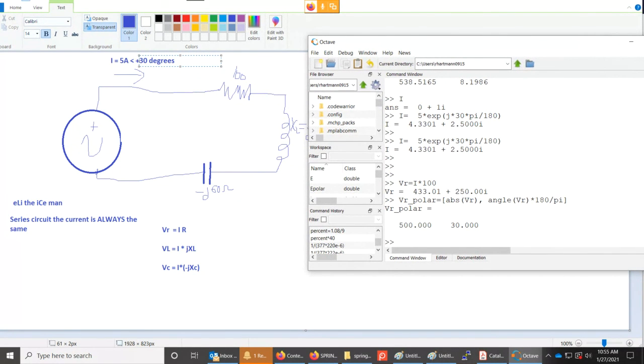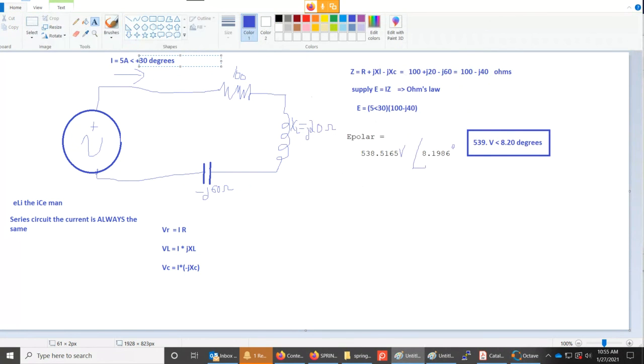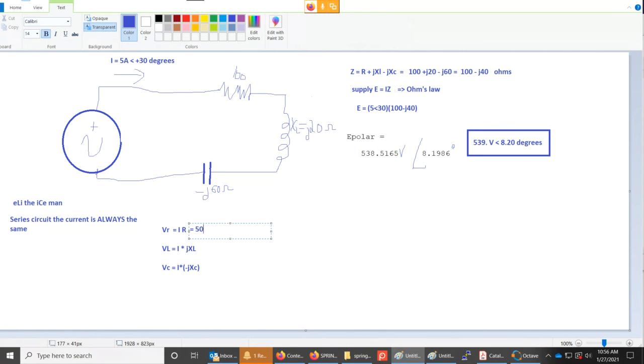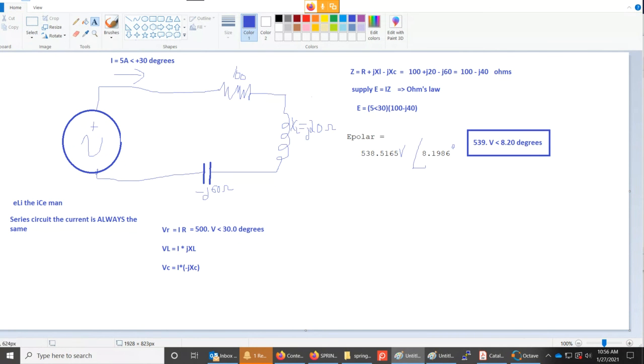So if we are going to type that into Blackboard, VR here is going to equal 500 period. Now you must put the period there for clarity, at positive 30 degrees. That's how we would put it in Blackboard.